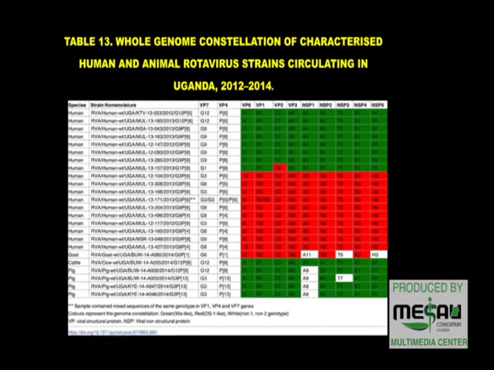So for all the humans, we found only Wa-like and DS-1-like. These are the animal samples. From the animal samples, we find some others which are not Wa-like or DS-1-like.